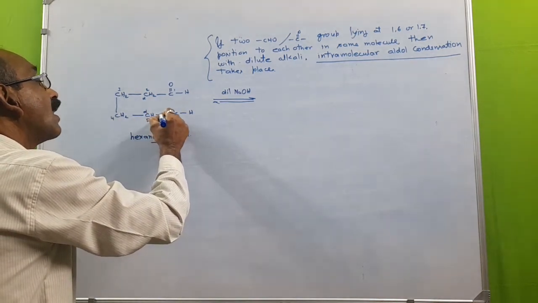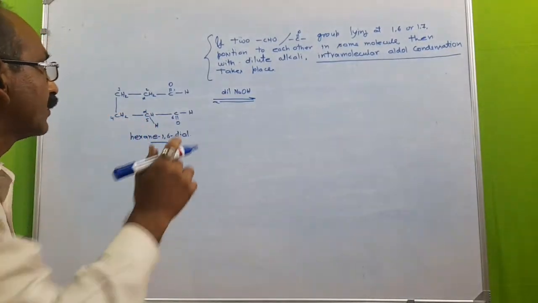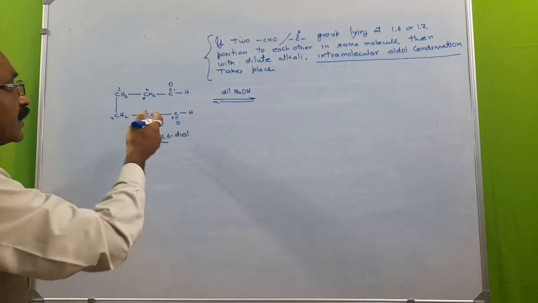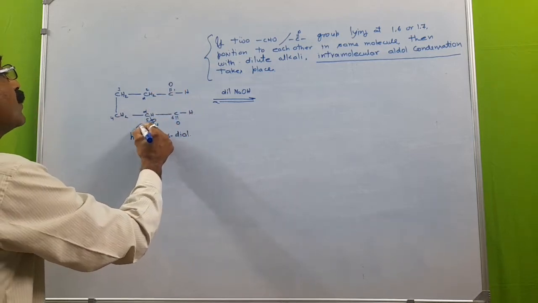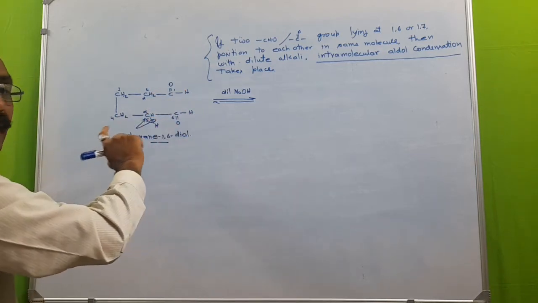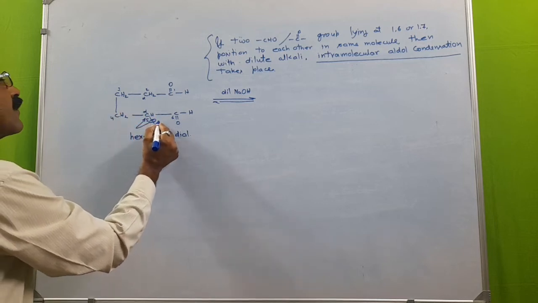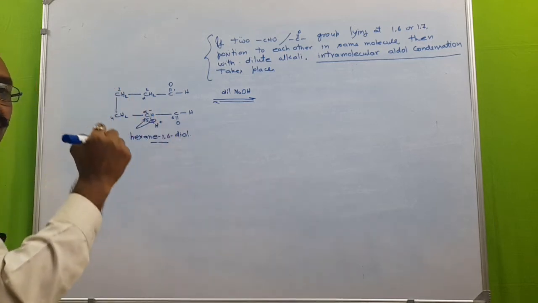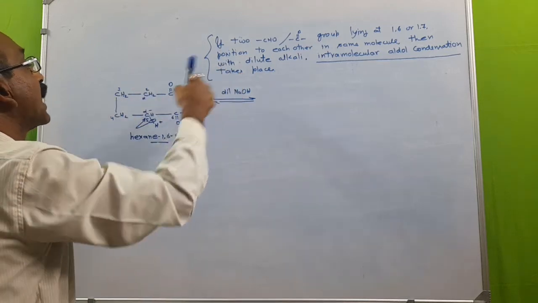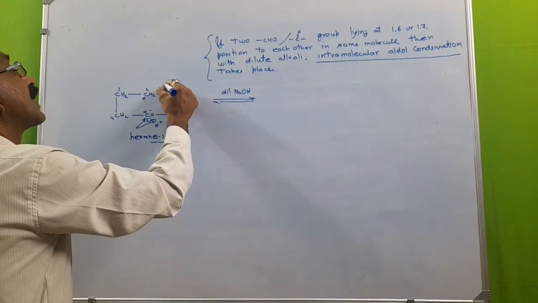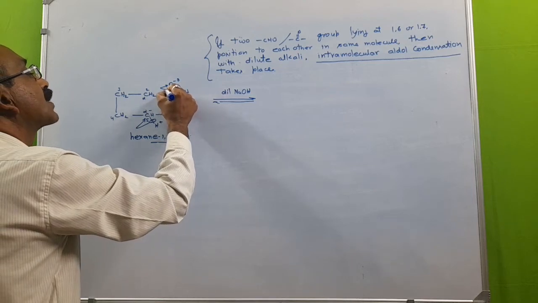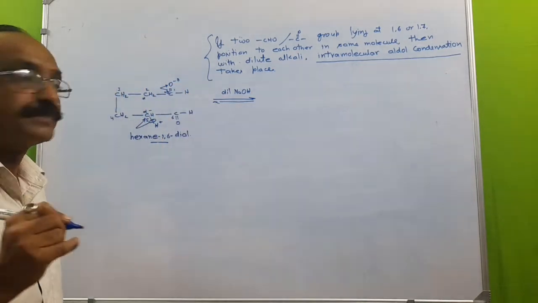The alpha hydrogen of one of the molecule will set free as H plus, because this one is acidic. It will lose the 2 electrons and will set free as H plus, while the carbon will acquire a negative charge. Now under the influence of these ions, electromeric effect will occur. This oxygen will become negatively charged, while the partial positive charge is acquired over the carbon.